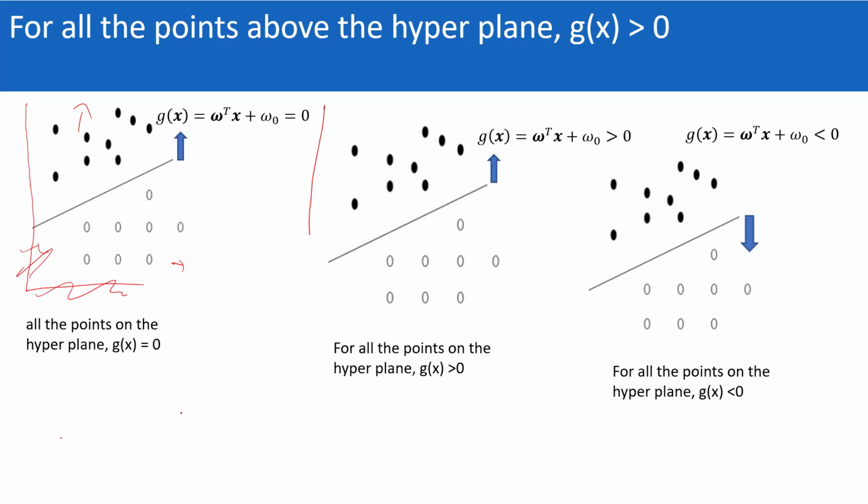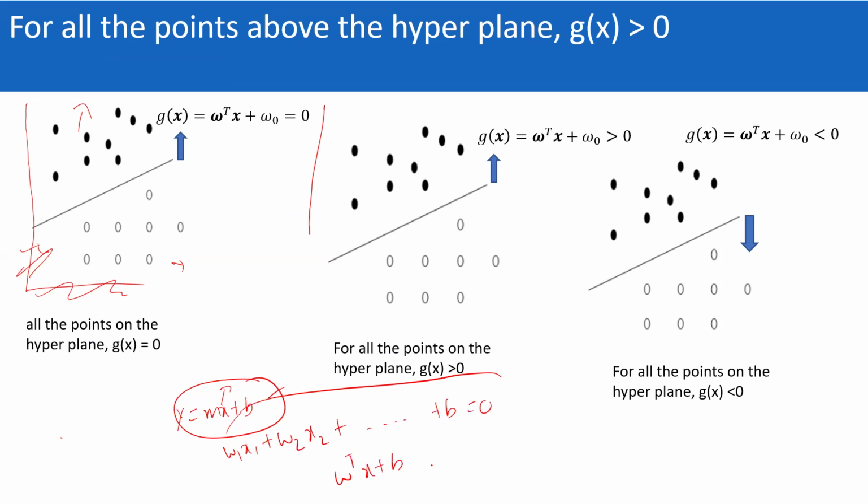Generally the equation for a line is y equals mx plus b. We will use the same thing here. Generally there is not just one single feature, so w1 x1 plus w2 x2 and so on plus b equals 0. People convert this into w transpose x plus b equals 0. And if it is greater than 0 it is one thing, and if it is less than or equal, it is another.